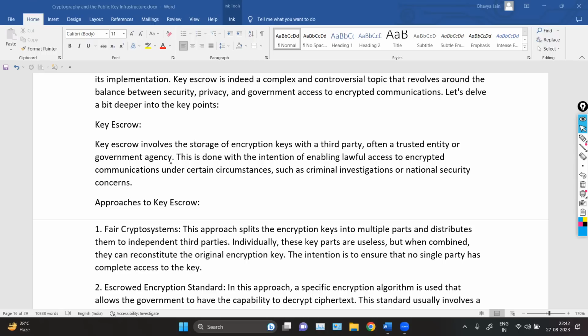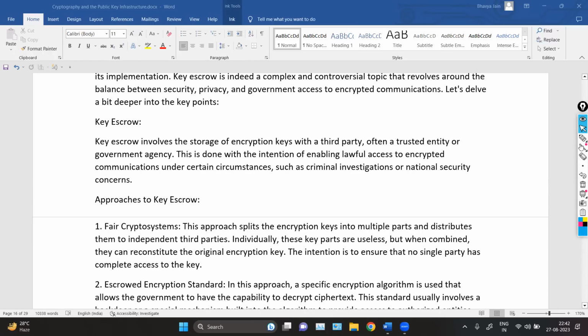This is done with the intention of enabling lawful access to encrypted communication under certain circumstances, such as criminal investigations or national security concerns. So if you're choosing the government agency, then you can lawfully put your keys in an encrypted communication channel or an encrypted place under certain circumstances, such as criminal investigations or national security concerns. So, approaches to key escrow.